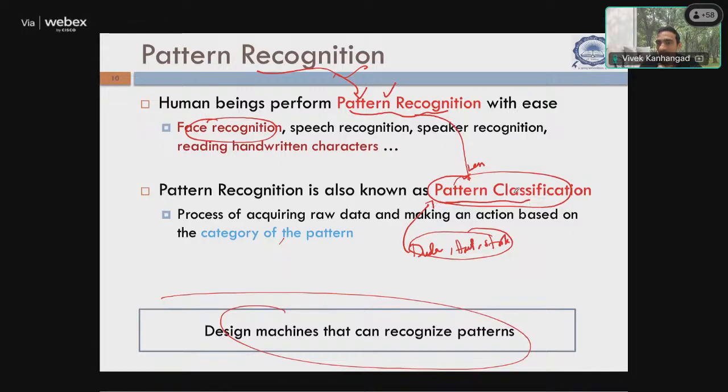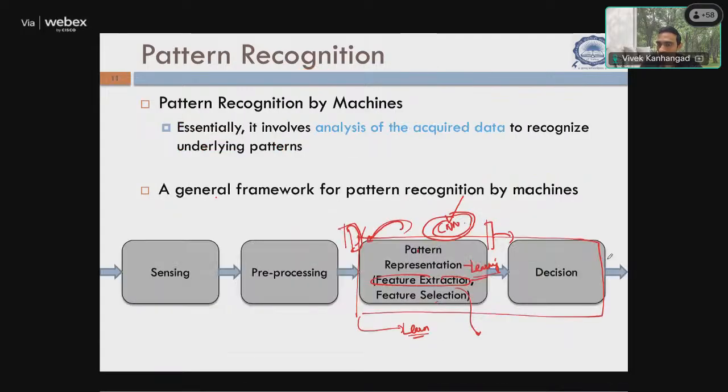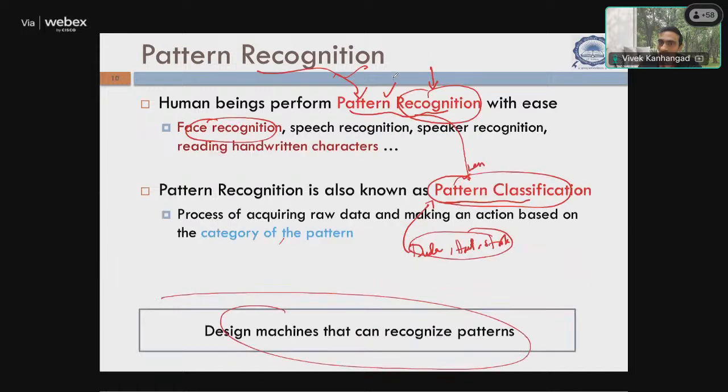From the machine learning perspective, given an image, face recognition, we are trying to classify. At the end, it's a classification problem. But recognition is the more widely used term compared to pattern classification. It's the same.